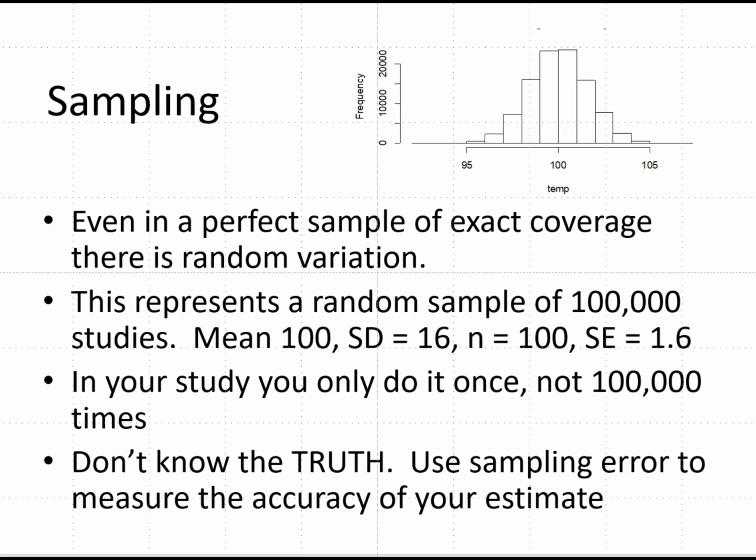You don't know the truth. It's not that you can't handle the truth. It's just that you can never know what it is. And you use sampling error as a measure of the accuracy of your estimate, to give yourself a sense of how close to the truth you are.